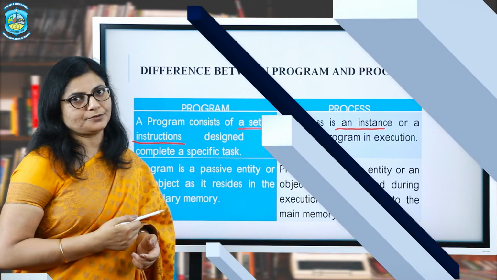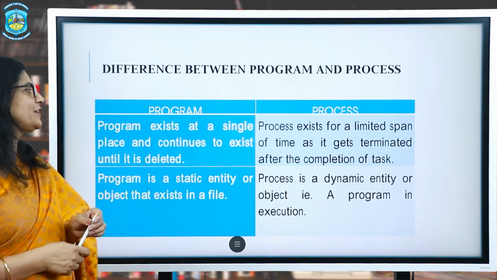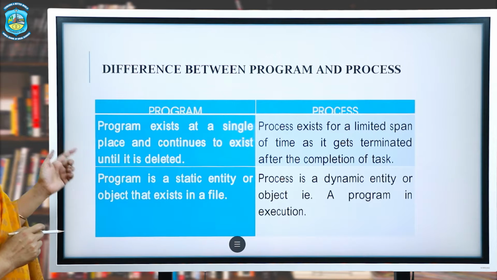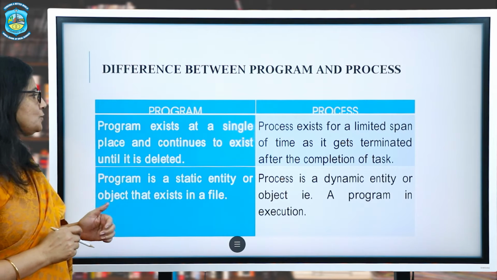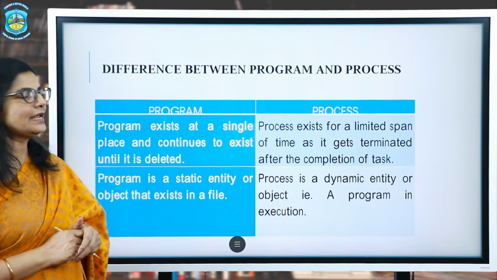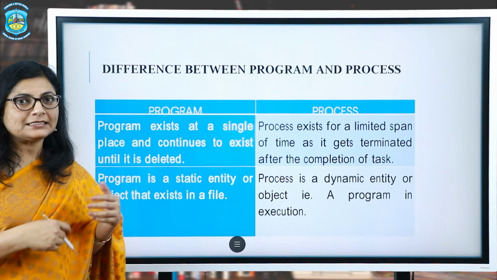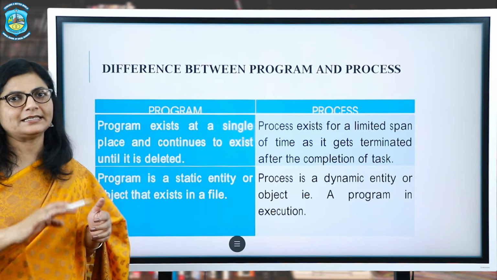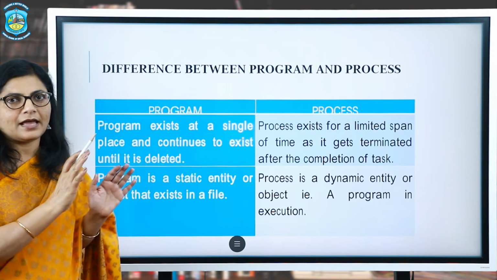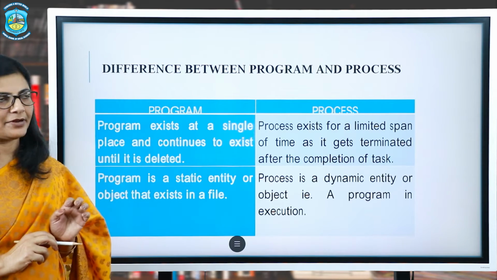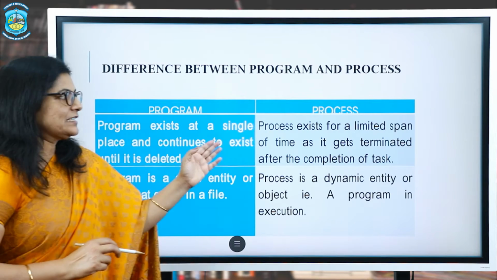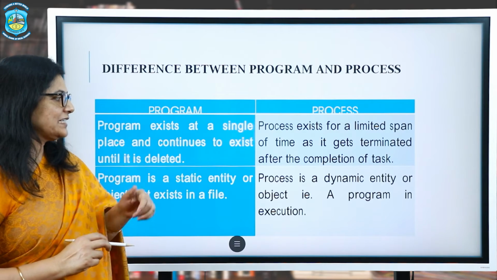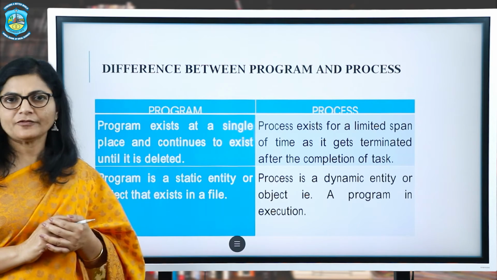Yet another difference between program and process is that a program exists at a single place and continues to exist until it is deleted. Since program is in the secondary memory, until and unless it is deleted, it exists in the secondary memory, whereas process exists for a limited span of time as it gets terminated after the completion of task.